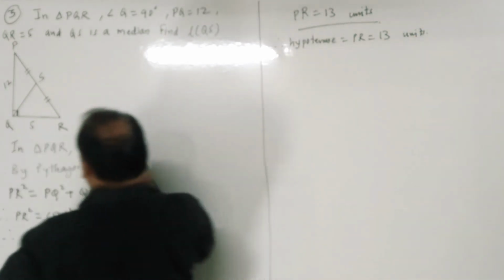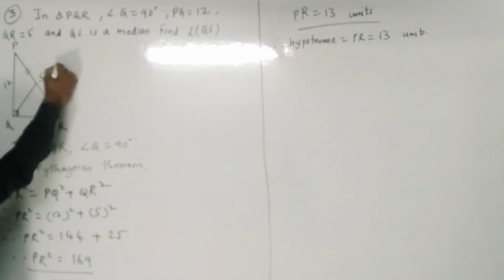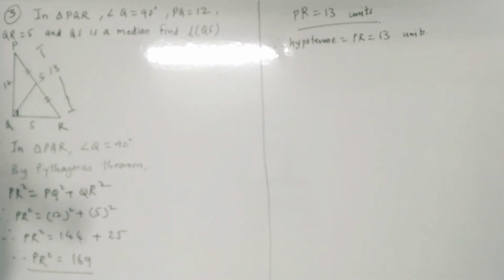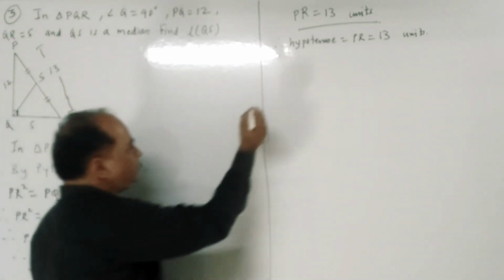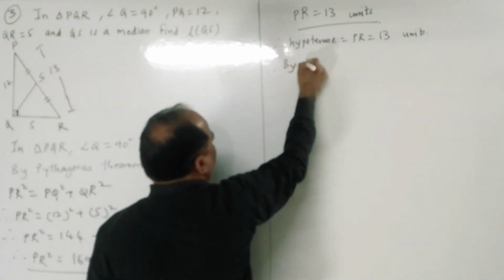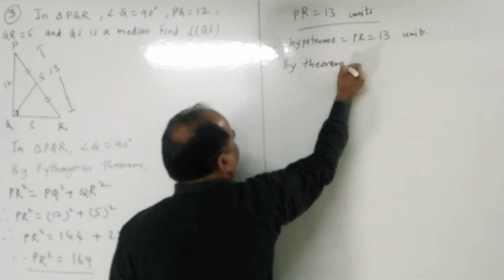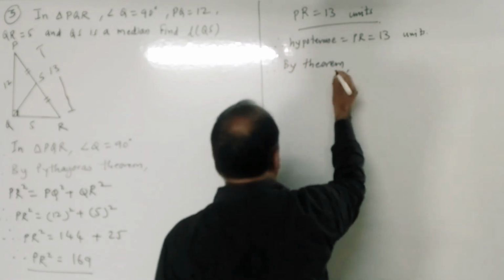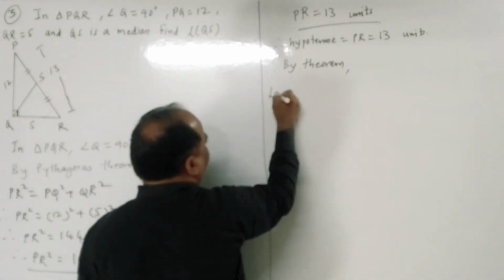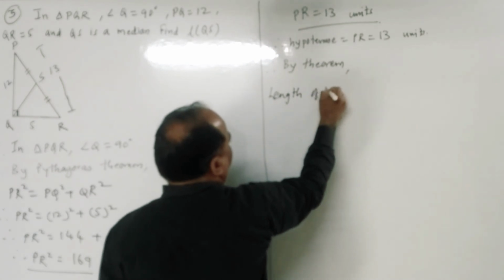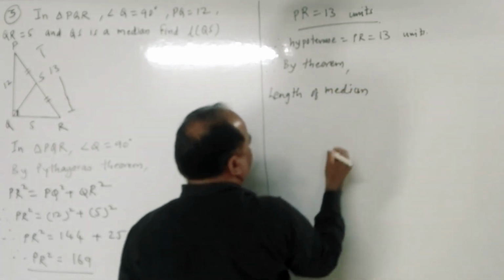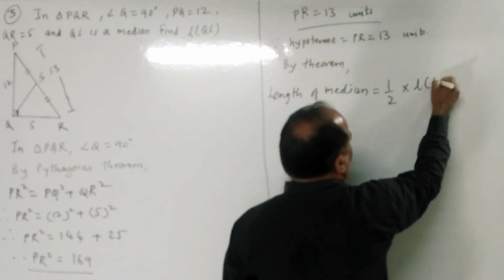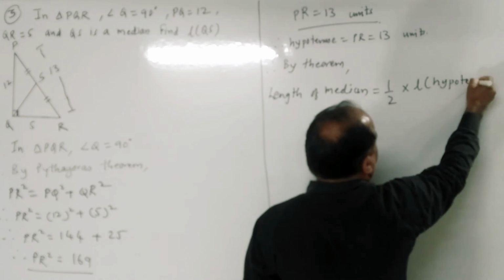Now, once we have got the hypotenuse as 13 units, we can find the length of the median. QS is the median. Therefore, by the property of the median on the hypotenuse of a right angle triangle, length of median is equal to half into length of the hypotenuse.